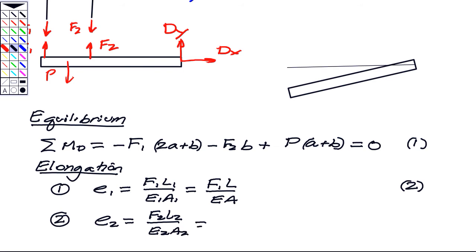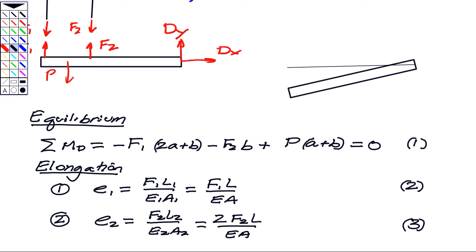The length of segment 2 is 2L, so this becomes 2 F2 L divided by EA. So that is my third equation, which is coming from the elongation. This simply tells us the relationship that exists between the elongation and the axial load.